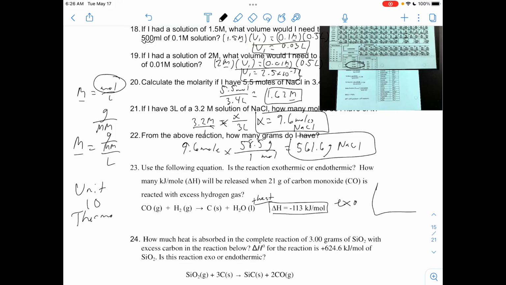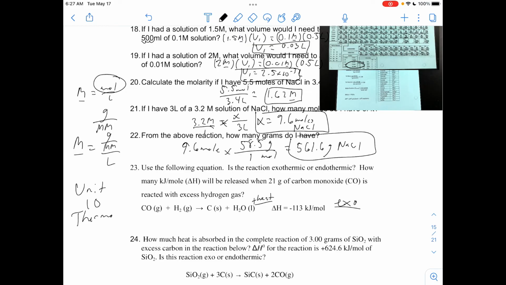Or if we have those graphs, if we end up lower than we started with, we lost energy, it's exothermic. Vice versa is true if heat is in the reactants, or if this number is positive, or if it ends up higher than we started with, then it's endothermic. Okay, but this one is exothermic.